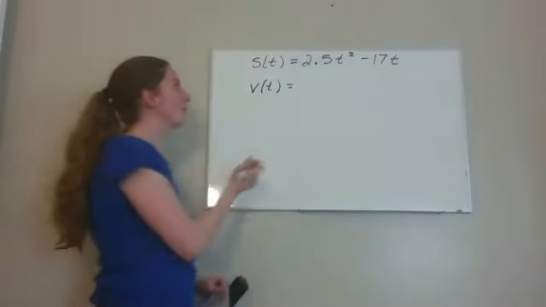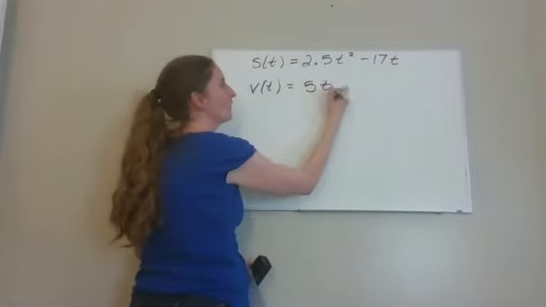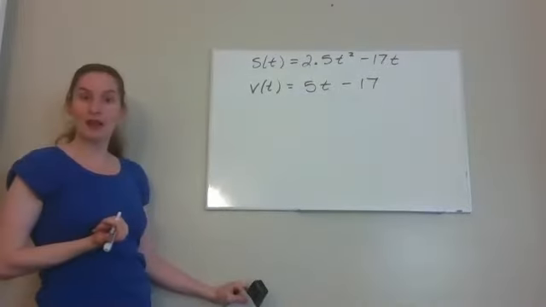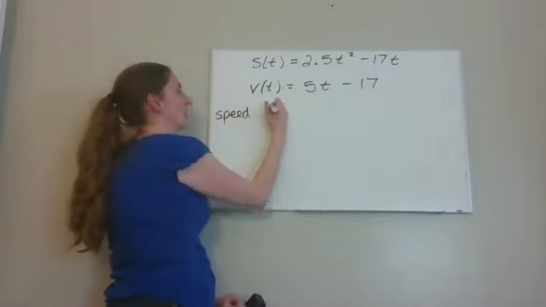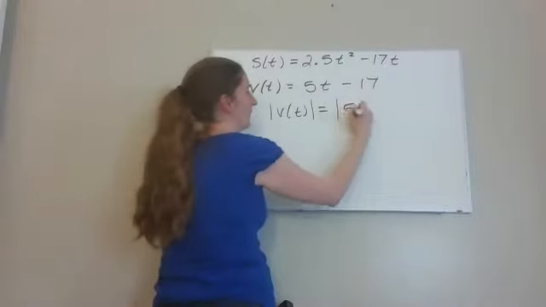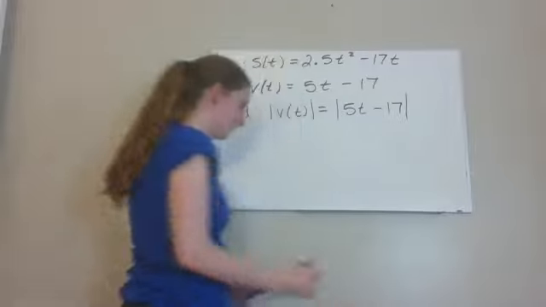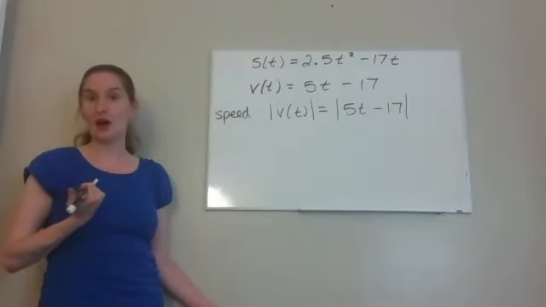So using my power rule here, I'll have 2 times 2.5, which is 5, t, and minus 17 as my velocity function. That means that my speed function is the absolute value of my velocity, the absolute value of 5t minus 17. Now this is the function I'm trying to find the maximum of.